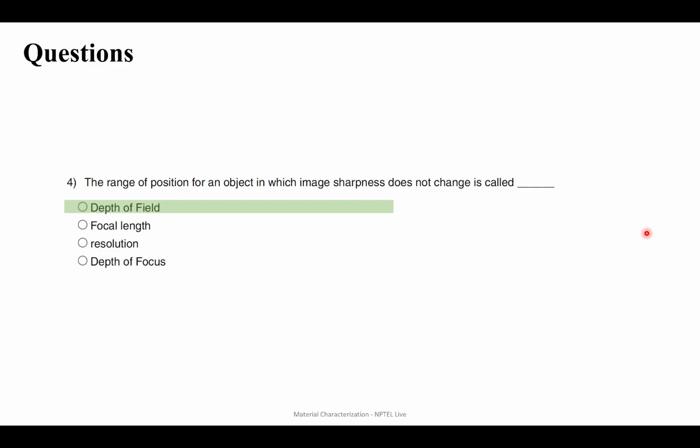Focal length is a measure of the lens. Resolution is a measure of how much distance we can resolve, and depth of focus is the range of movement in the image plane where image sharpness is maintained.